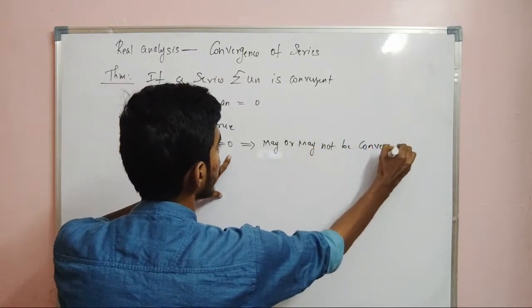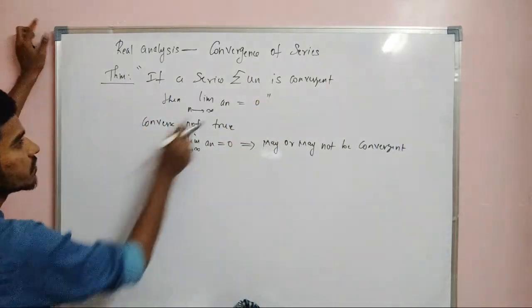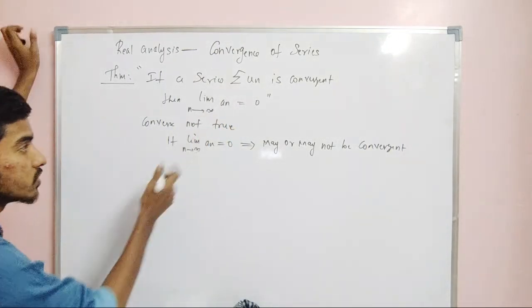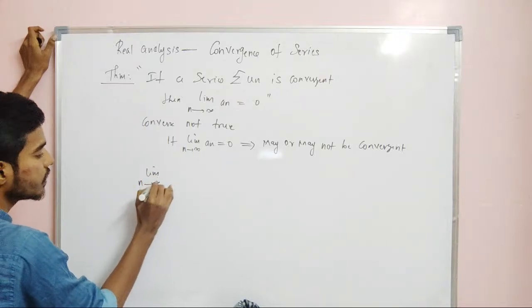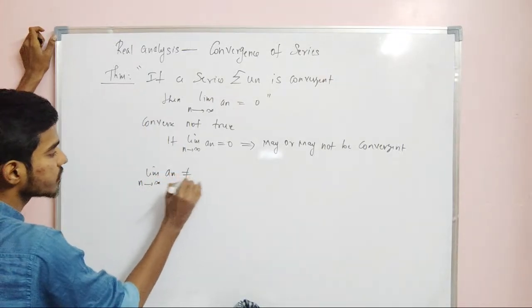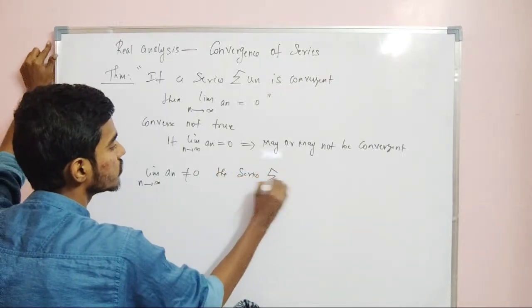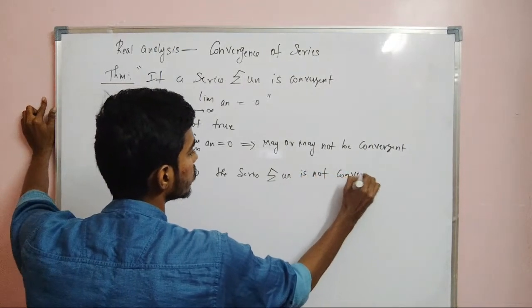What we can infer from this theorem is that if a series is convergent, then limit n tends to infinity of un is equal to 0. If limit n tends to infinity of un is not equal to 0, then the series summation un is not convergent. This is a very important point.